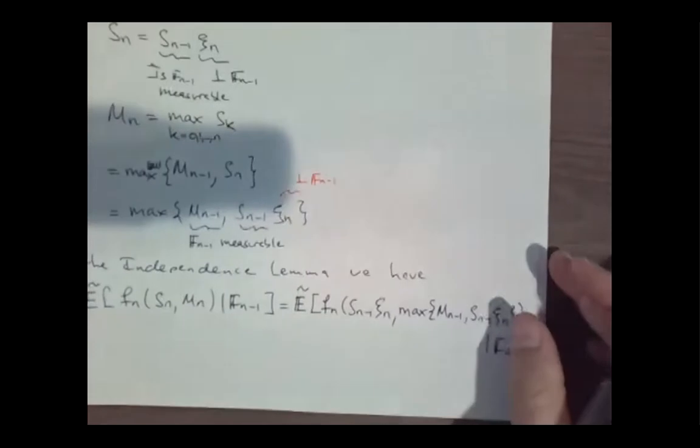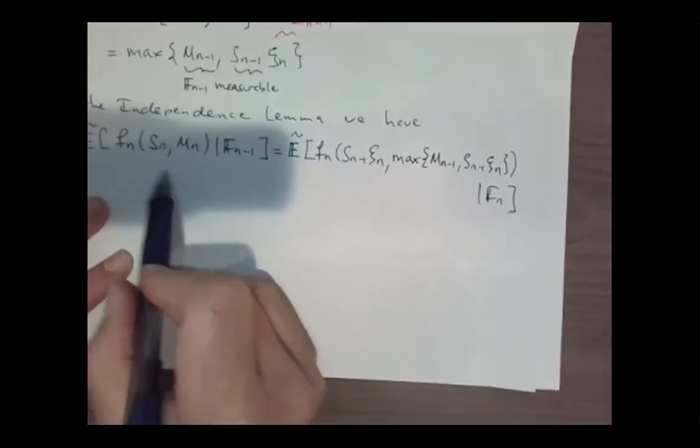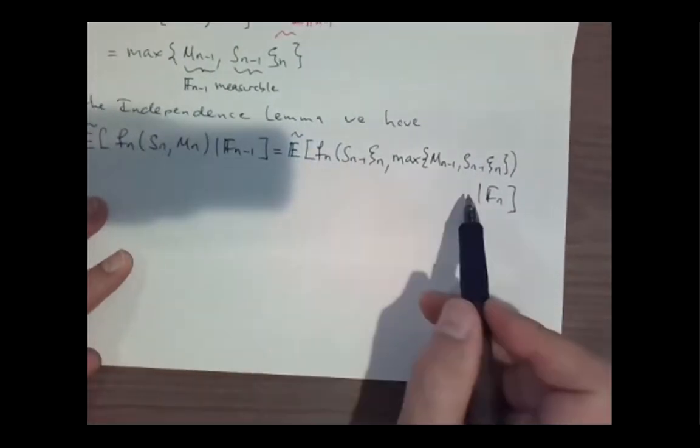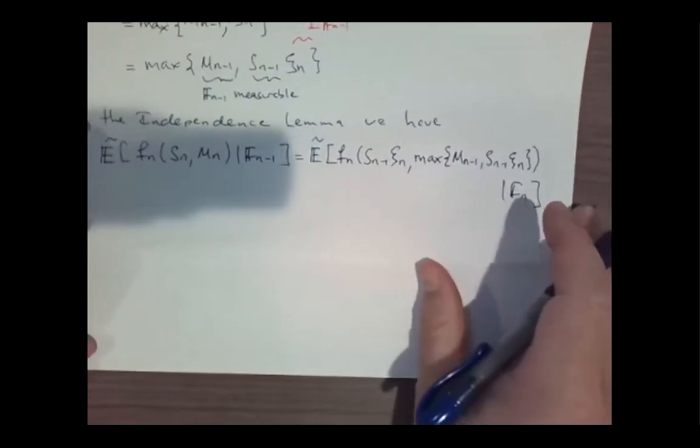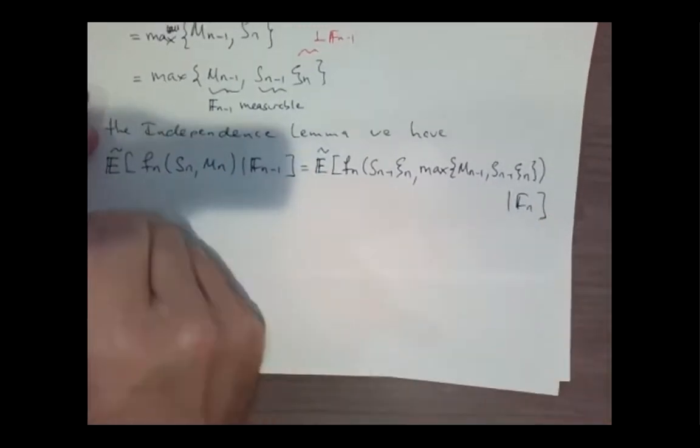I'm running out of paper here, but what I did was I replaced what Sn was and what Mn was, and I get this mess on the right hand side. Now I invoke the independence lemma.